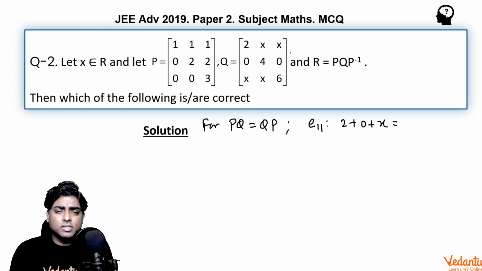So we take the first row of Q and the first column of P, that would be 2 plus 0 plus 0. From here we get x as 0. So no problem, we can take x as 0.